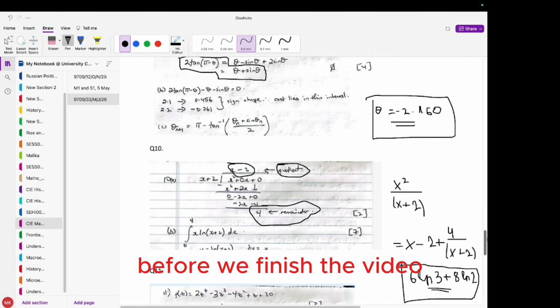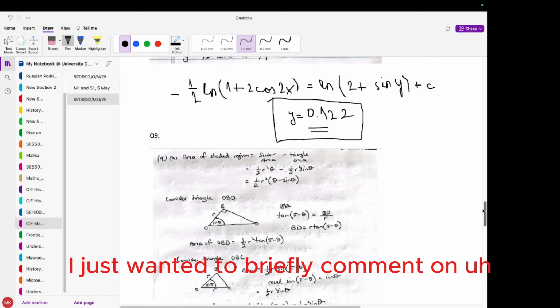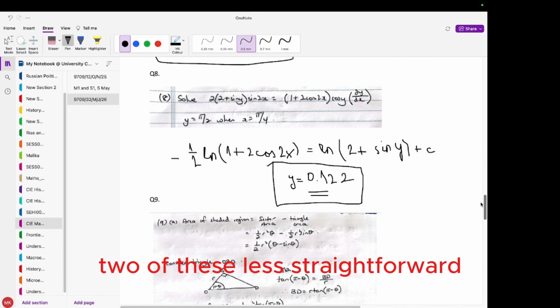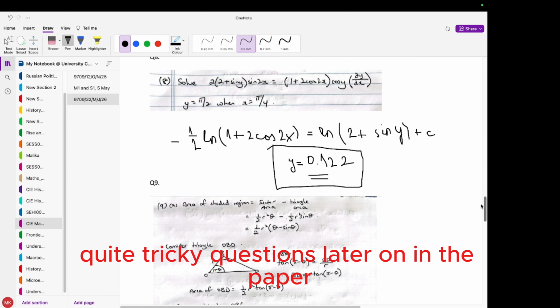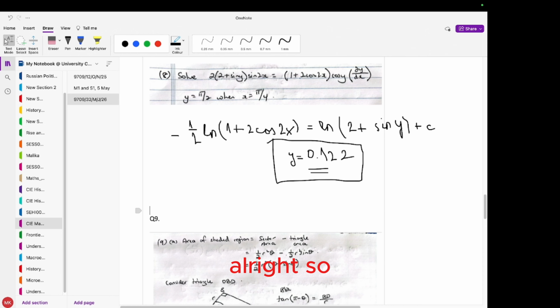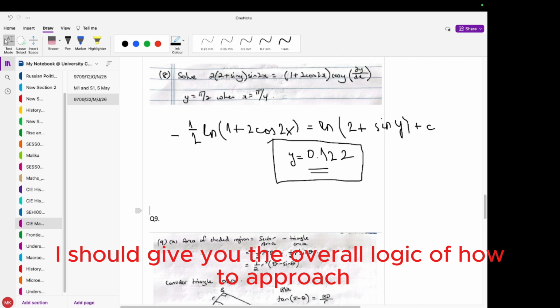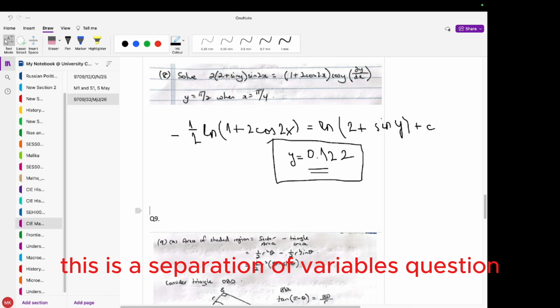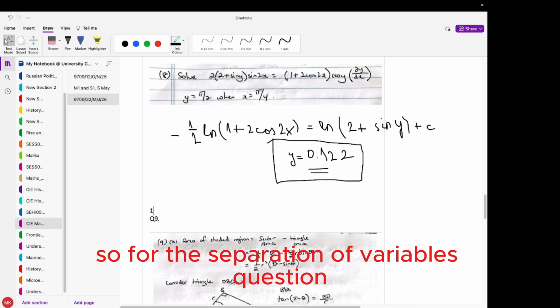Before we finish the video, I just wanted to briefly comment on two of these less straightforward, quite tricky questions later on in the paper. I should give you the overall logic of how to approach these problems. For question 8, this is a separation of variables question.